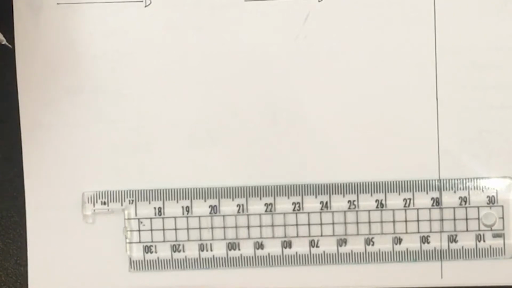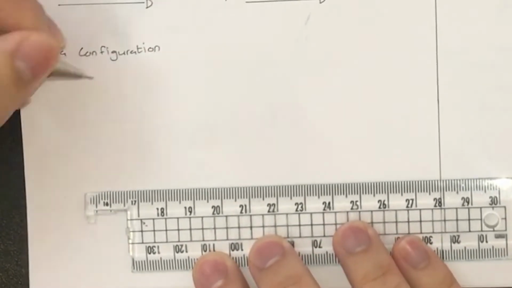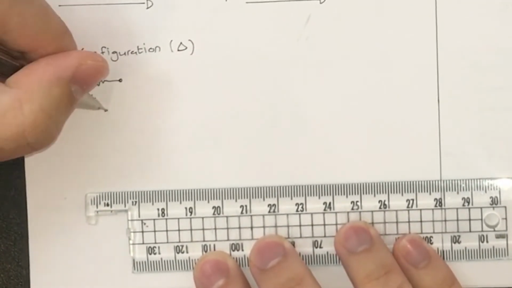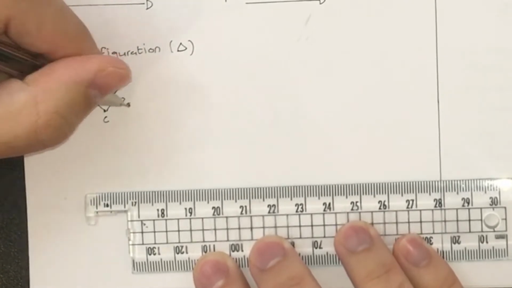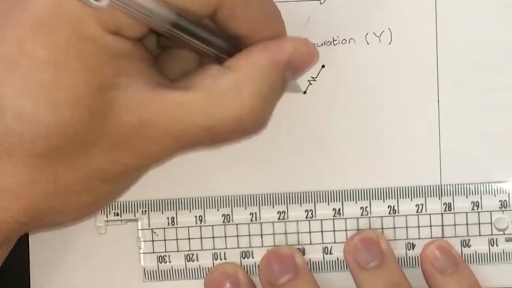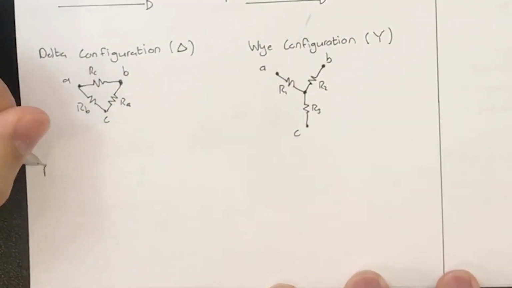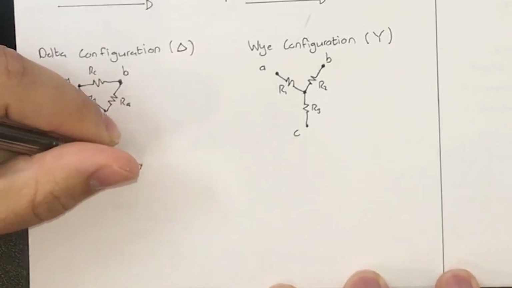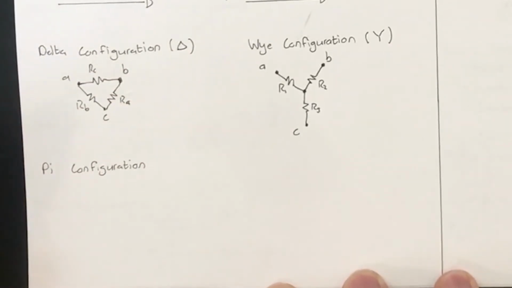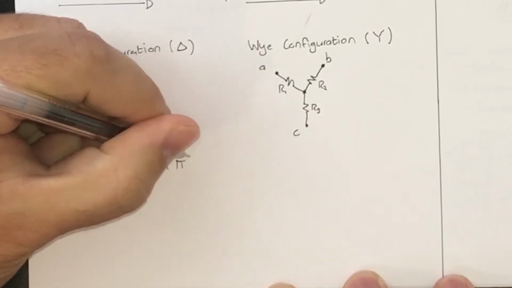Now let's begin with the delta to y configurations, as well as the pi to t configurations.